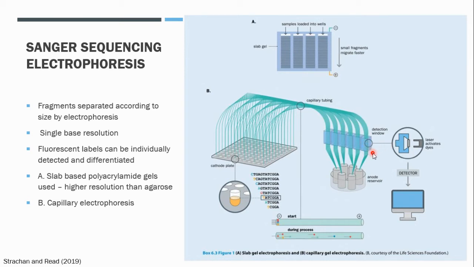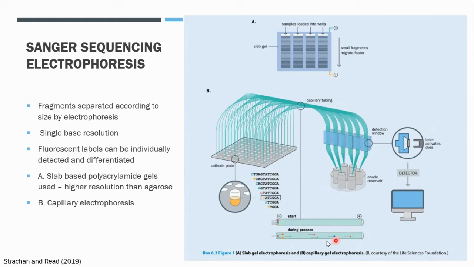That detection window also has, these capillary tubes also have a resolution of one base pair, and the laser is passed through each of them one at a time, and these fragments are then picked up on the detector.